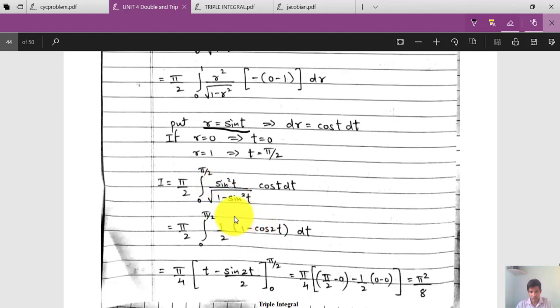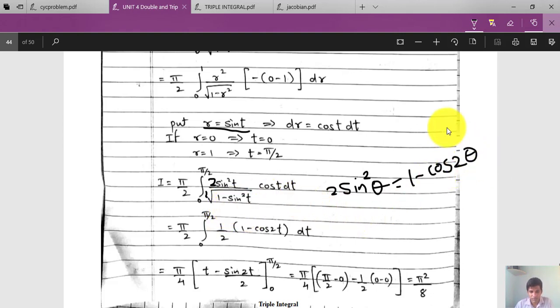There is one formula, I hope you remember. The formula for this is for sine square theta. So I will multiply by 2 here and 2 there, so 2 sine square theta is equal to 1 minus cos 2 theta.